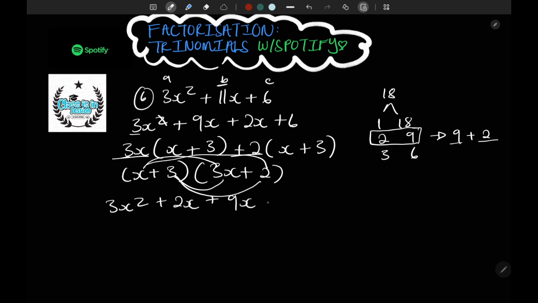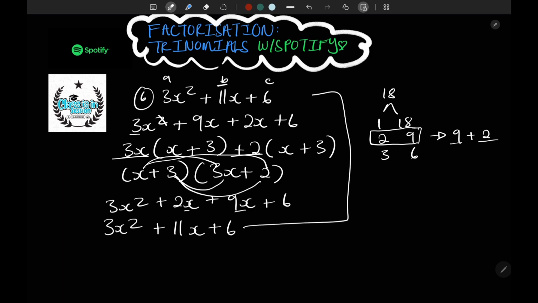Then 3 times 2 is 6. 3x squared, what's 2 plus 9? It's 11. So plus 11x plus 6. This is the same thing as that. Therefore, your factorization is correct.